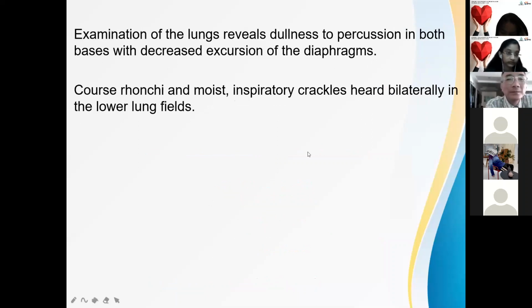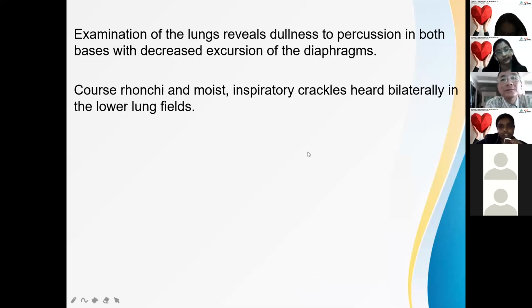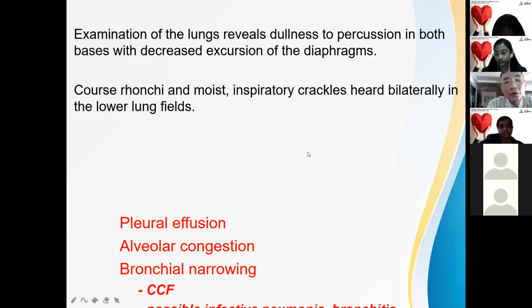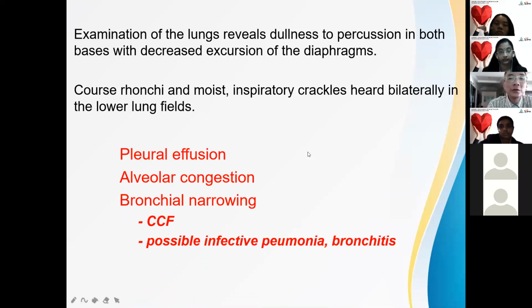Next, come. Examination of the lungs reveals dullness to percussion in both bases with decreased excursion of the diaphragms, coarse rhonchi and moist inspiratory crackles heard bilaterally in the lower lung fields. So what does this mean? When it is dull to percussion, when the expansion is reduced, it's pleural effusion.